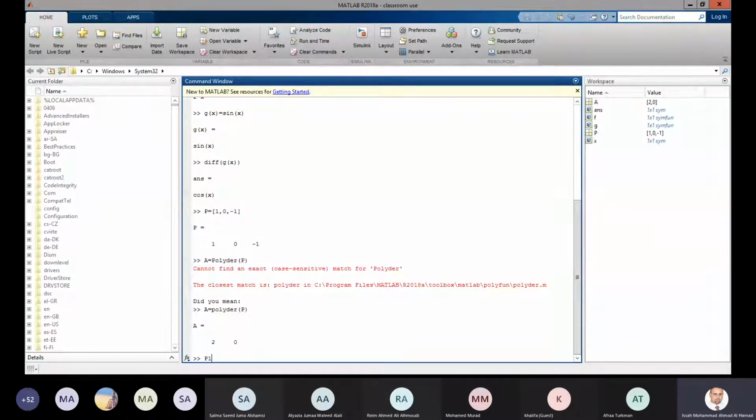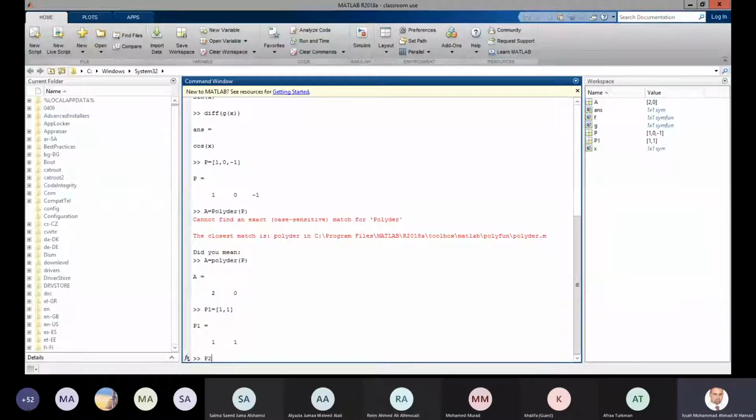Okay, if you have other polynomials, for example, I will call it P1 equals 1 and 1, and P2 equals 2, 3, and 5, for example. And you need to find the derivative of P1 multiplied by P2.